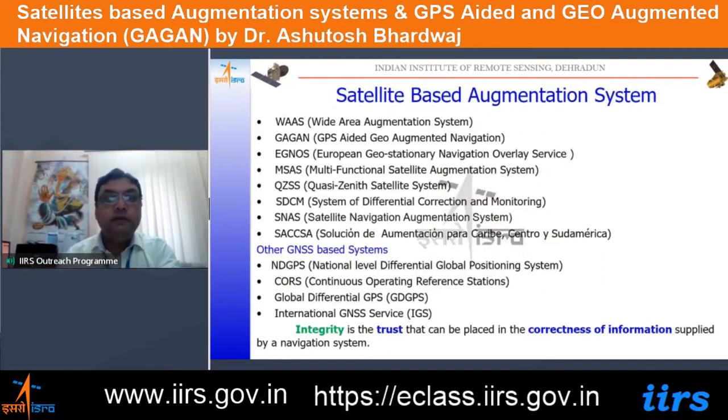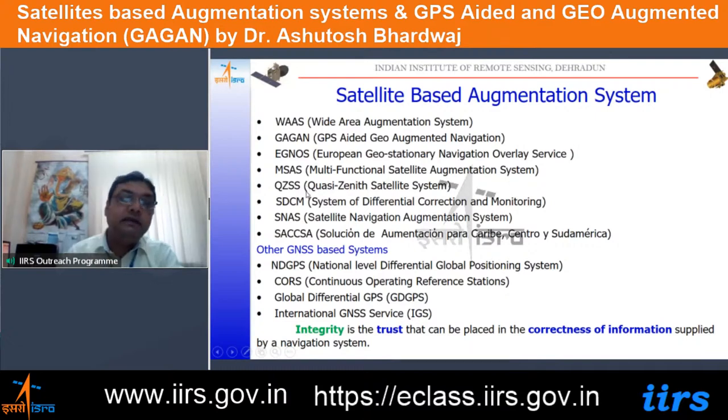Now there are different SBAS systems. For the US region, it is called WAAS, which is the Wide Area Augmentation System. For India, it is GAGAN, GPS-Aided GEO Augmented Navigation System. For the European region, it is the European Geostationary Navigation Overlay Service. Similarly, MSAS is there for Japan, the Multifunctional Satellite Augmentation System.